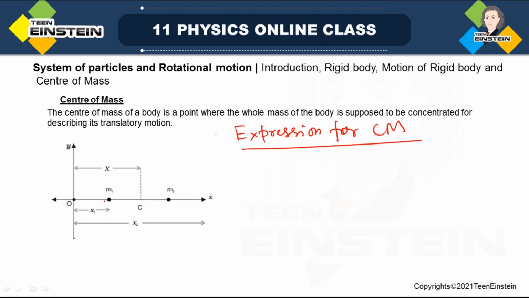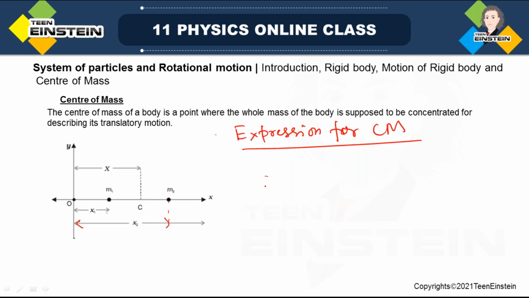As you see from this figure, two masses are situated on the x-axis of the coordinate system. m1 is situated at x1 distance away from the origin, and mass m2 is situated at x2 distance away from the origin.